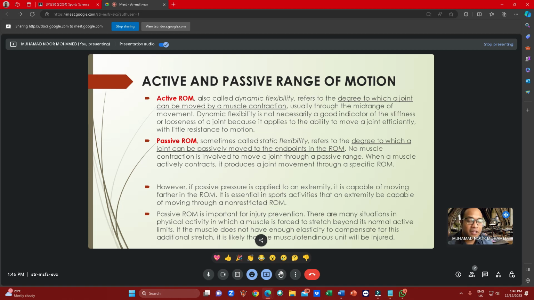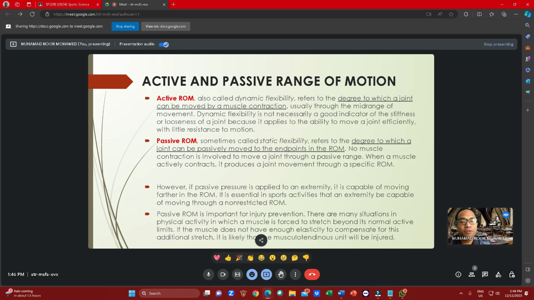Okay, if we try to see whether a person has good flexibility, basically they need to have a good active range of motion and also passive range of motion without any injury, because in daily life most of the time we tend to move beyond our capable active range of motion.